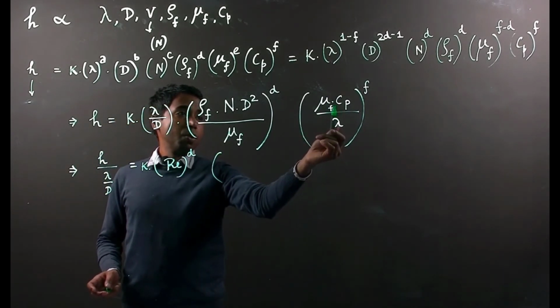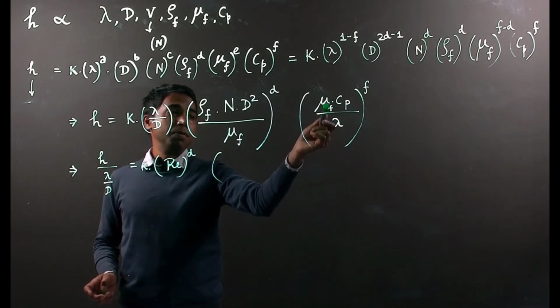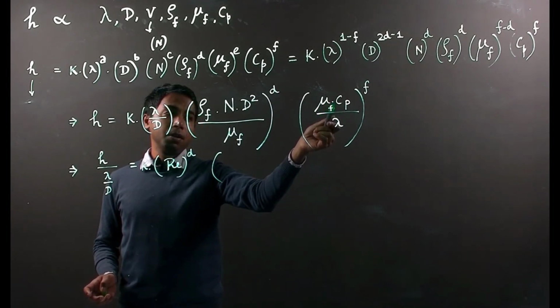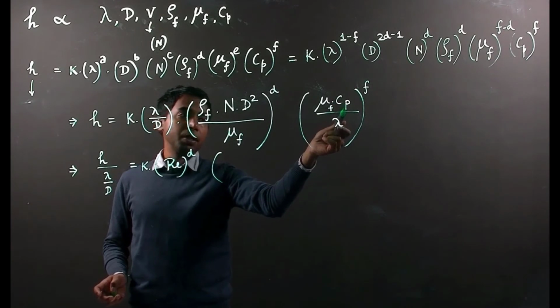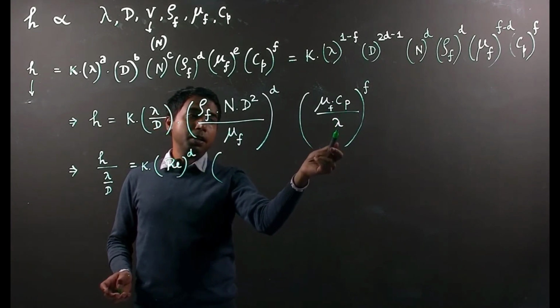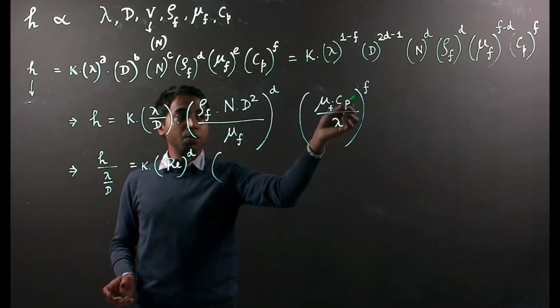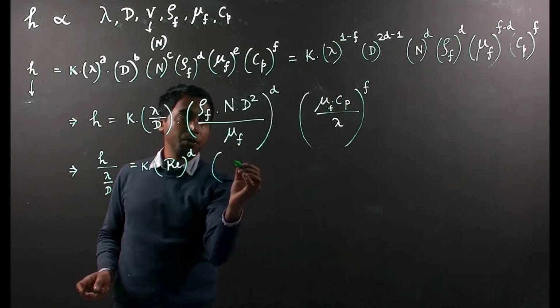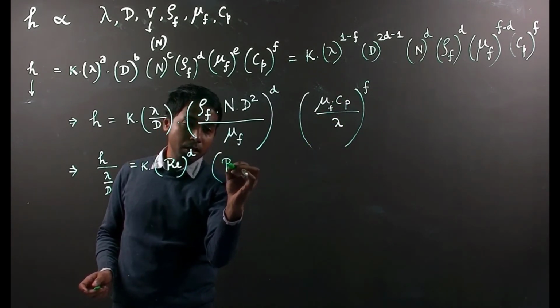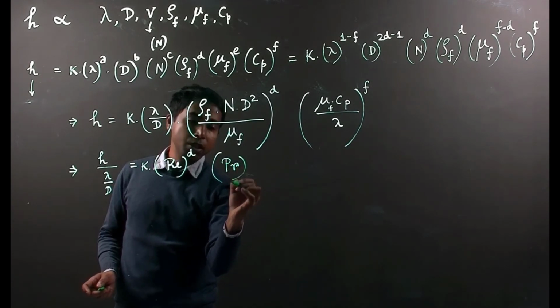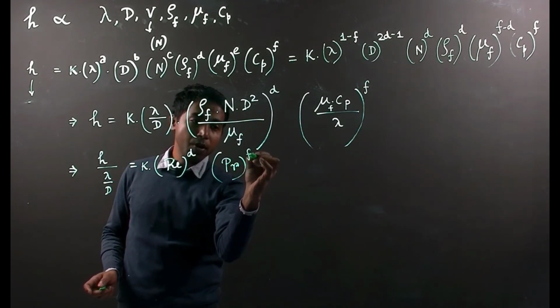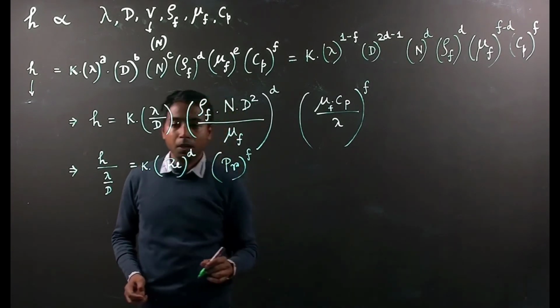And as you also know, the viscous momentum transfer divided by the conductive diffusivity is your Prandtl number. So that is indeed the other dimensionless number that we are looking for.